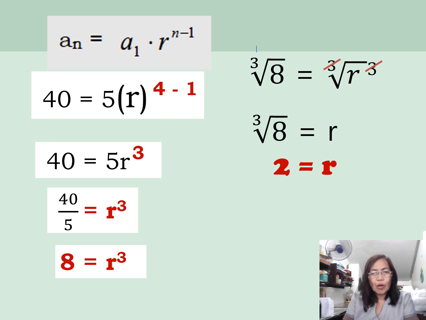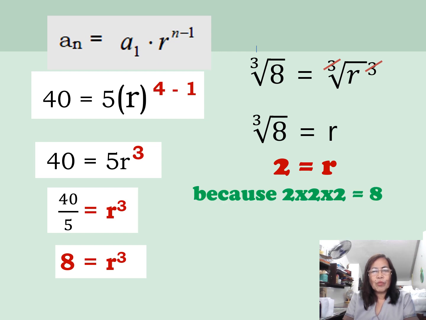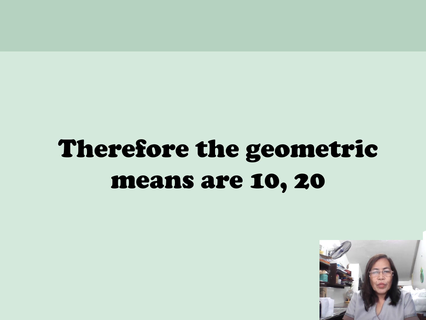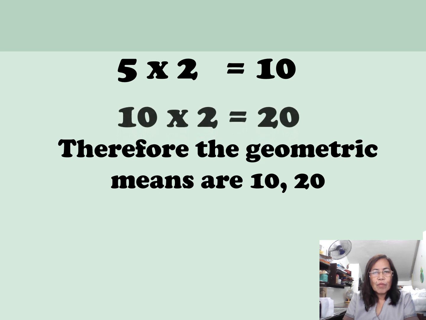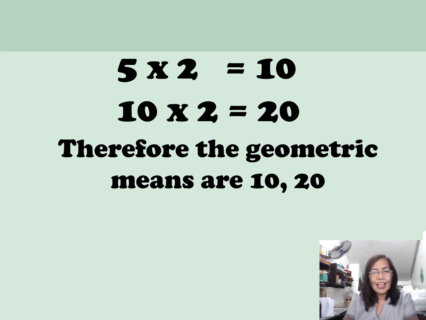So we have now a common ratio of 2. Now that we have the ratio, we will now multiply it to 5. So first term 5 times 2 is 10, and 10 times 2 is 20. And so the geometric means are 10, 20. Okay?